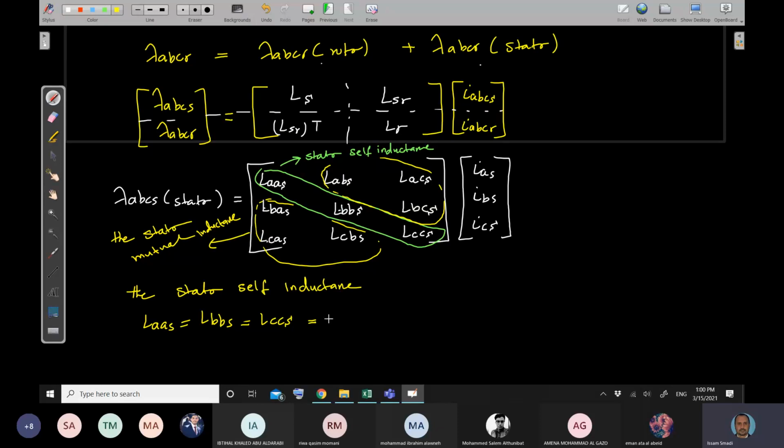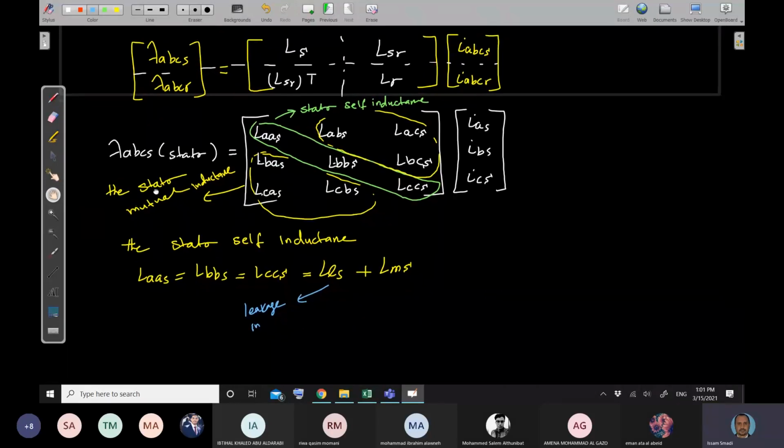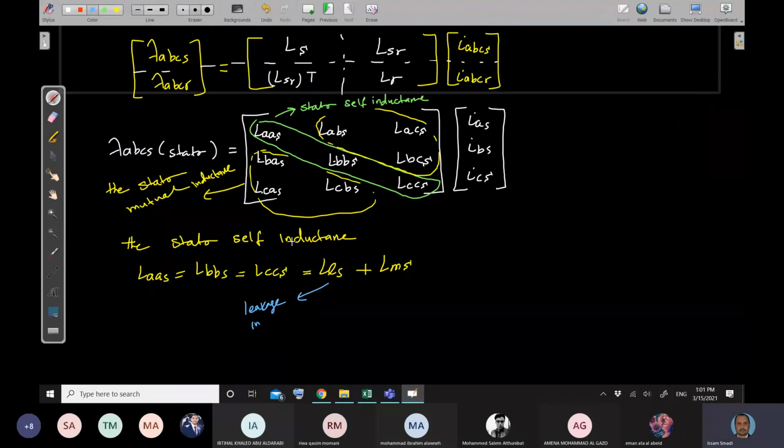The first one is the leakage inductance, which is the LLS, plus the magnetizing inductance of the stator winding, which is the LMS. So this one we call the leakage inductance, and this one we call the magnetizing inductance.